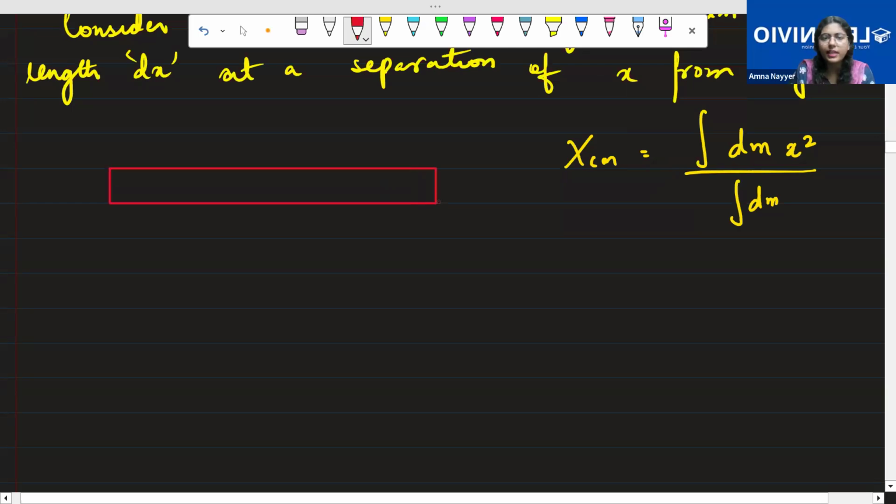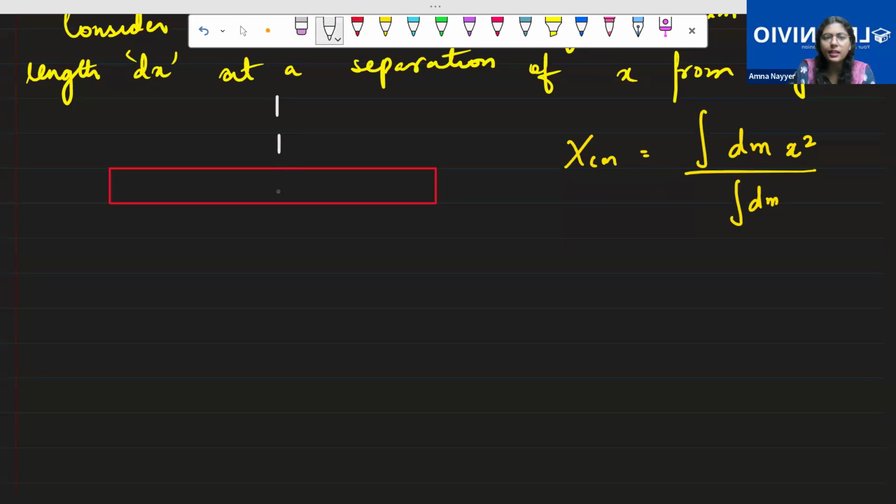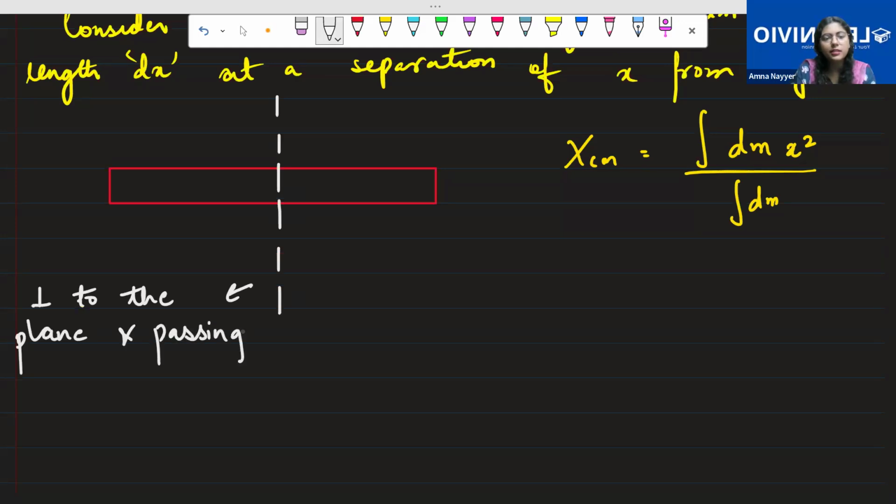What we do, we have taken up the rod. Now here we have to determine an axis. Here we have determined the axis. The axis is perpendicular to the plane and passing through the center.